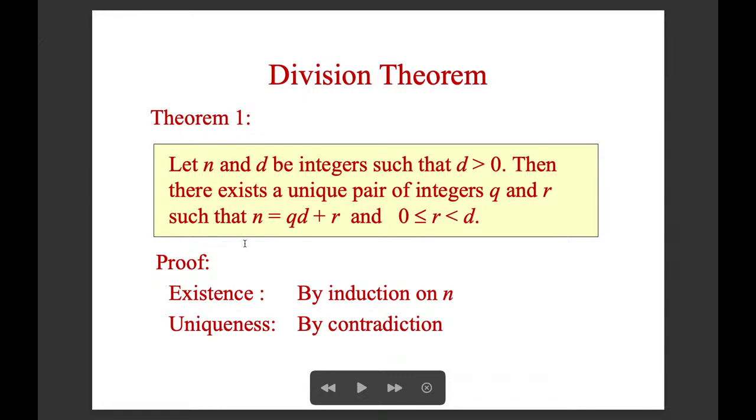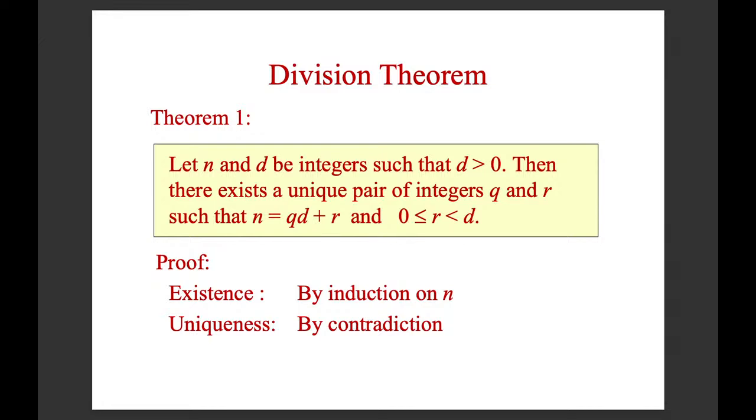For instance, if I divide 5 by 2, I have a quotient 2 and a remainder 1. If I divide 100 by 3, I have a quotient 33 and a remainder 1.